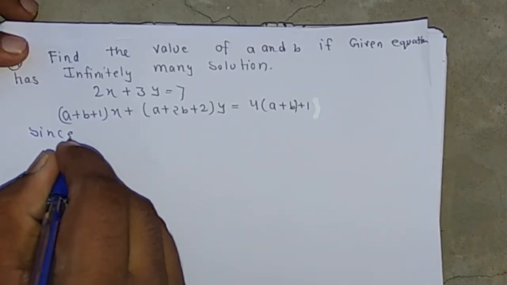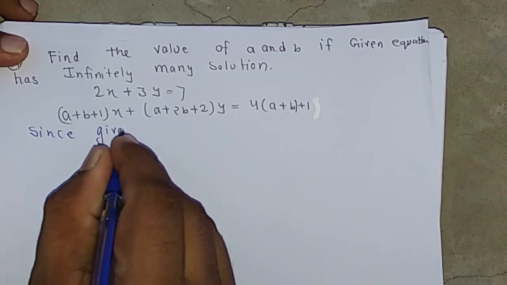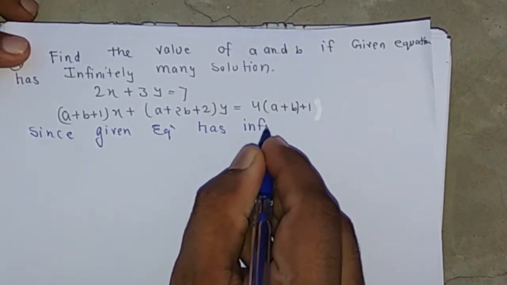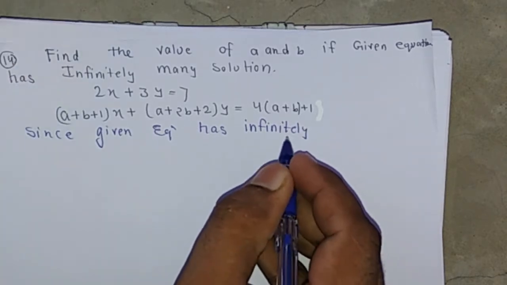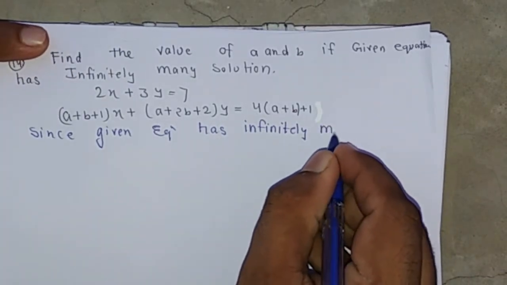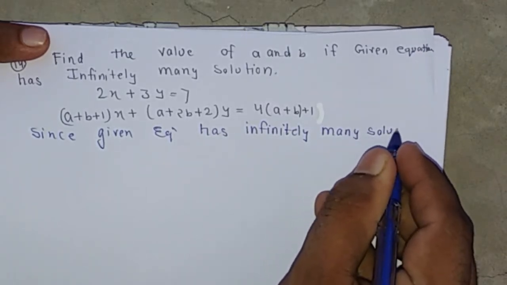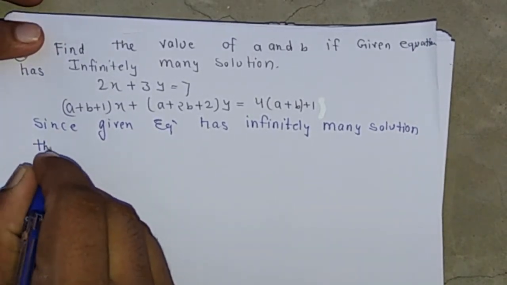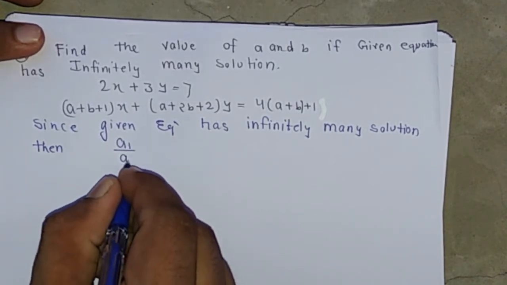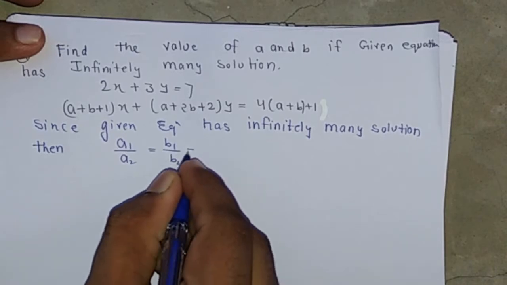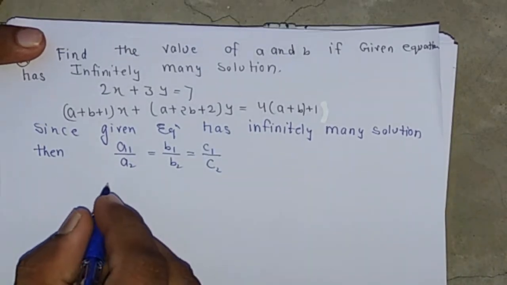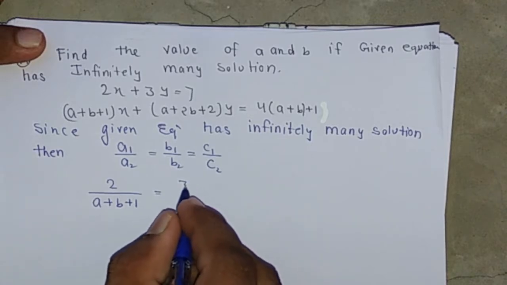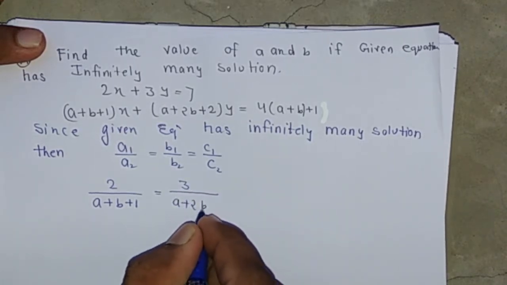Since the given equations have infinitely many solutions, we have the condition a1 by a2 equal b1 by b2 equal c1 by c2. a1 by a2 means 2 by a plus b plus 1. b1 by b2 means 3 by a plus 2b plus 2.